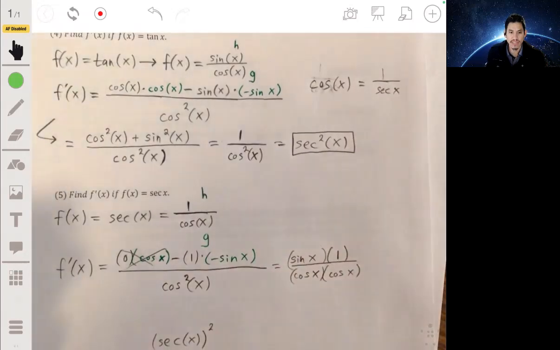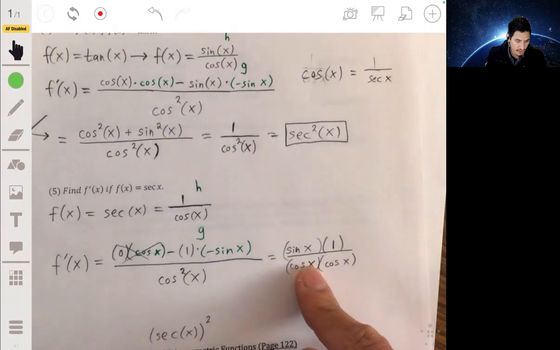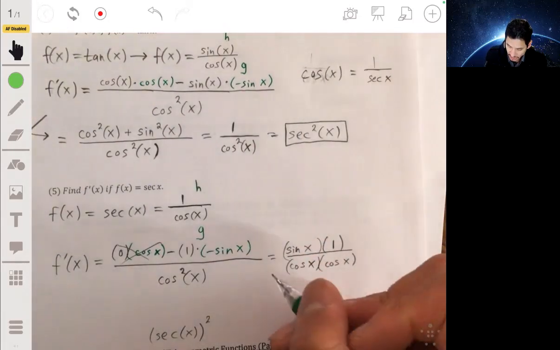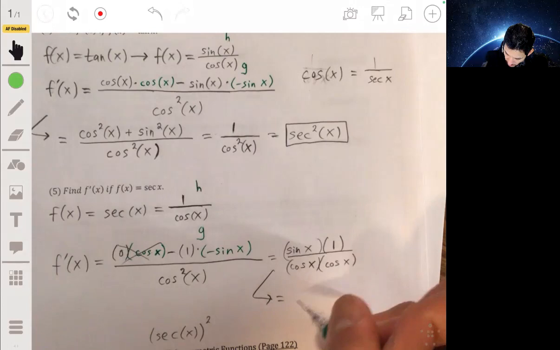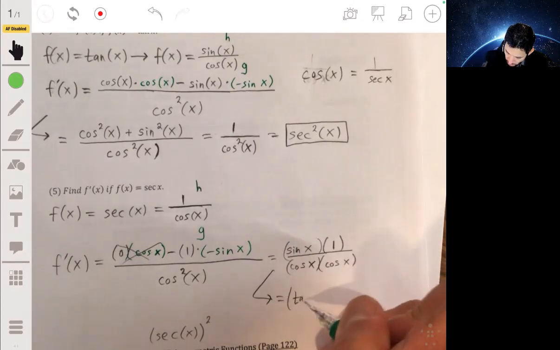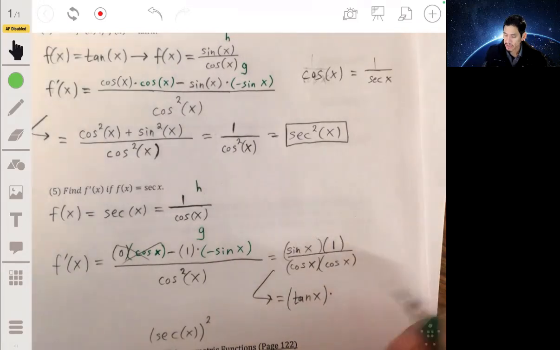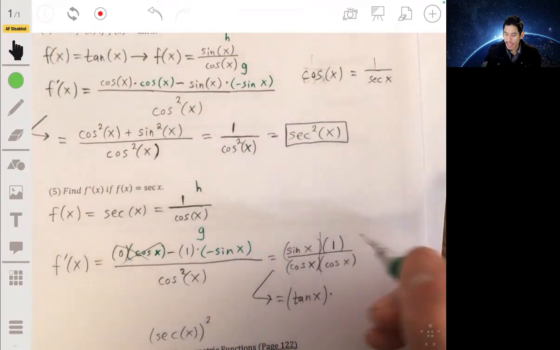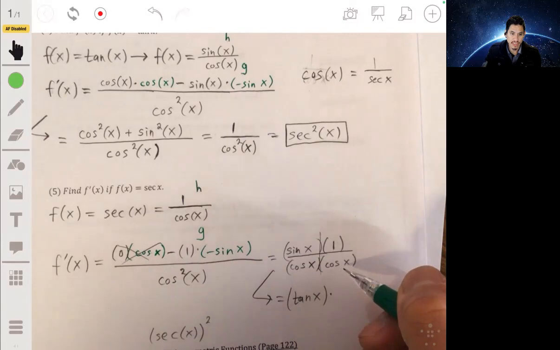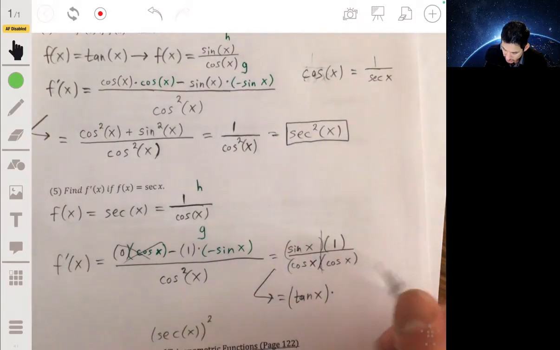So basically you got two fractions being multiplied. The sine of x over the cosine of x is the tangent of x, and 1 over the cosine of x is just the secant of x.